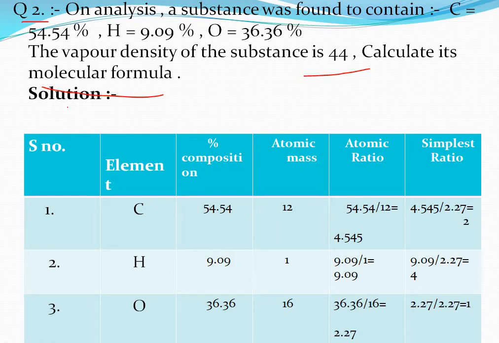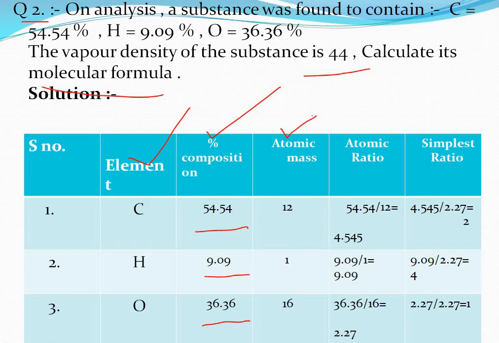So again, the same table you need to make for the rest of the questions, right? Serial numbers 1, 2 and 3, element names carbon, hydrogen and oxygen, which are given in the question, and percentage composition, also given in the question: 54.4%, 9.09%, 36.36%.